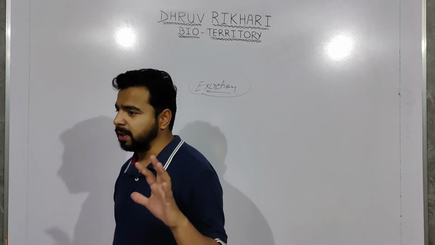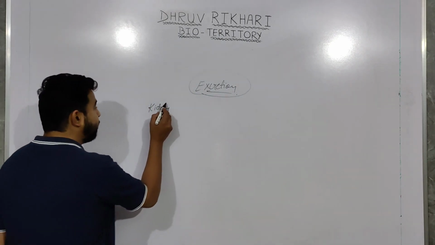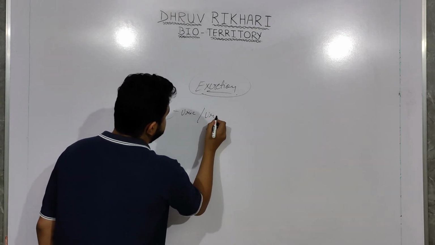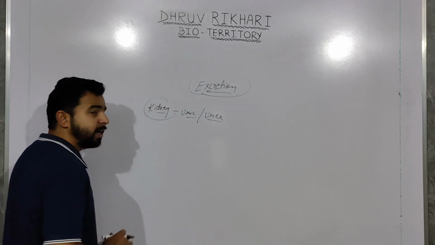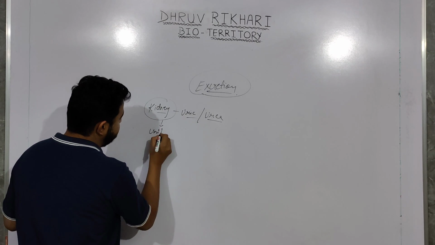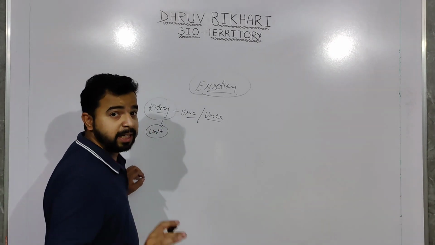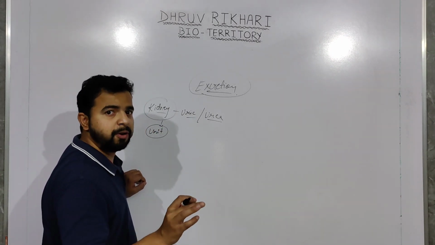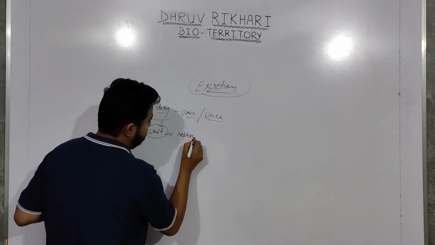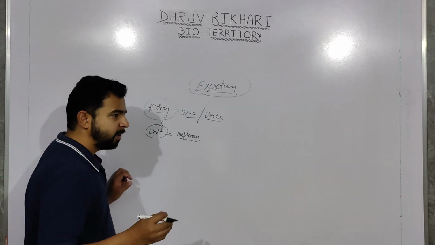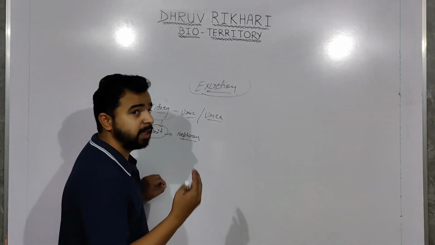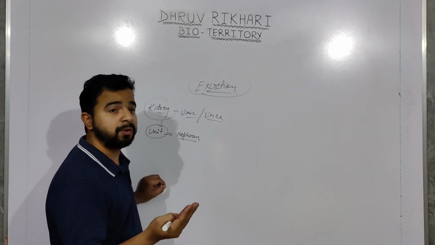But here we are going to discuss the kidney, where the waste products are in the form of uric acid or urea, which are nitrogenous wastes. The kidney has a unit where the purification function takes place, or we can say urine formation takes place. That unit is known as the nephron, and millions of nephrons are present within the kidney, helping in the formation of urine.